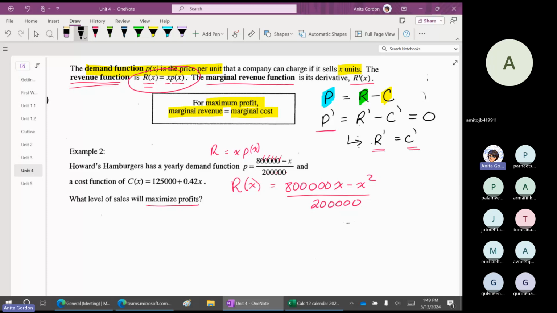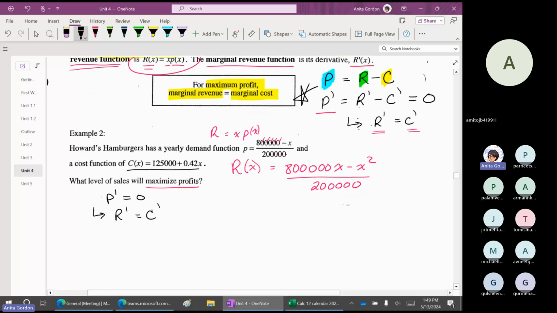To maximize profit, I need the derivative of the profit to be 0, which means I need R prime to equal C prime. This is the concept I'm following. Your profit is revenue minus cost, so their derivatives should be equal to make this 0.